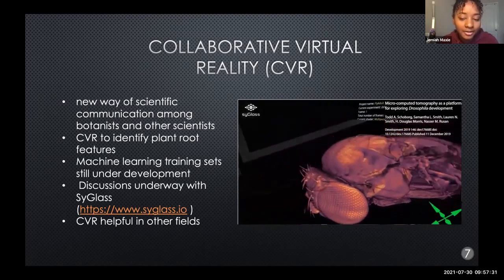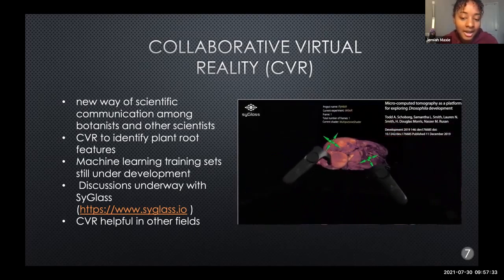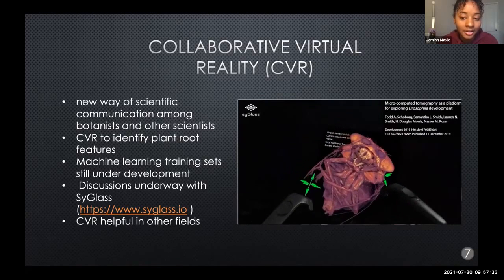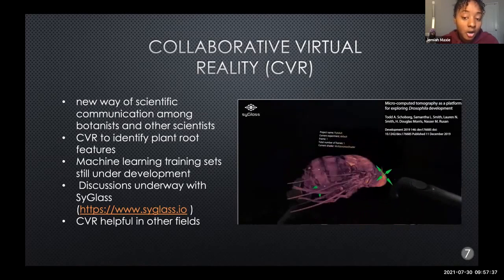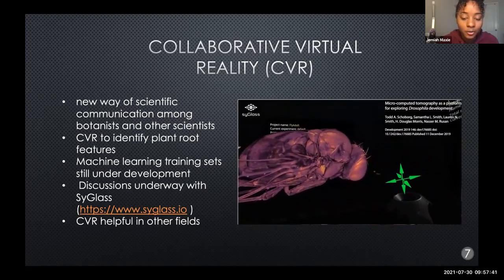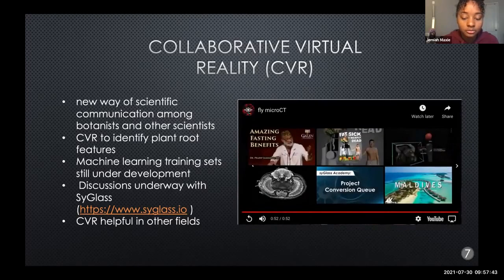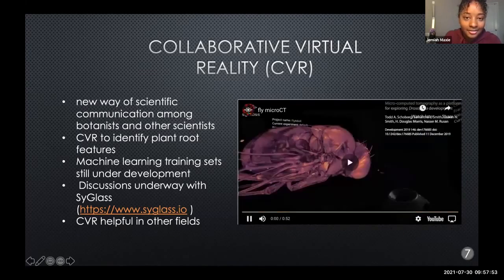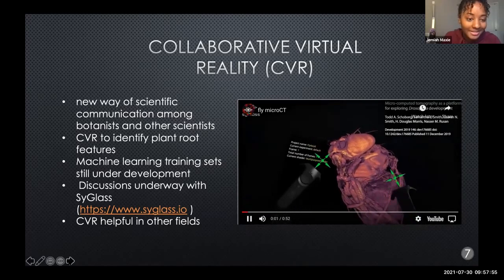A surgeon could scan the anatomy of their patient and figure out the best way to do a complex surgery in order to minimize making more damage or doing something harmful that could not go well for the patient. So that concludes my presentation.